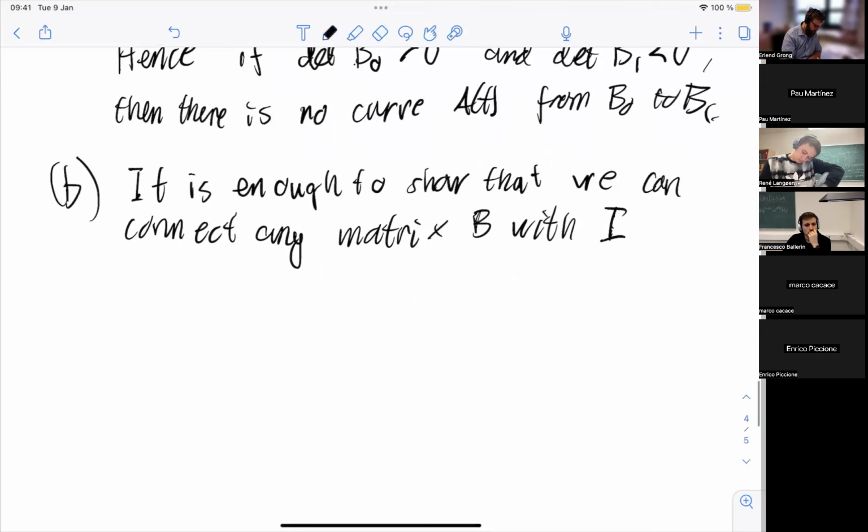Because if I can go from B to the identity, and any other matrix is also connected to the identity, then I can just connect them through going to the identity. So it's sufficient to show that there's a curve going from any matrix to the identity, then I know that there is a curve connecting any pair of matrices.